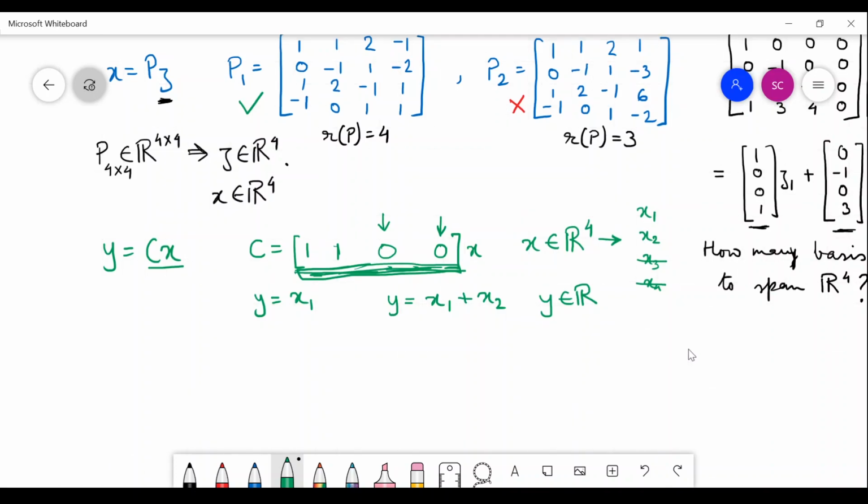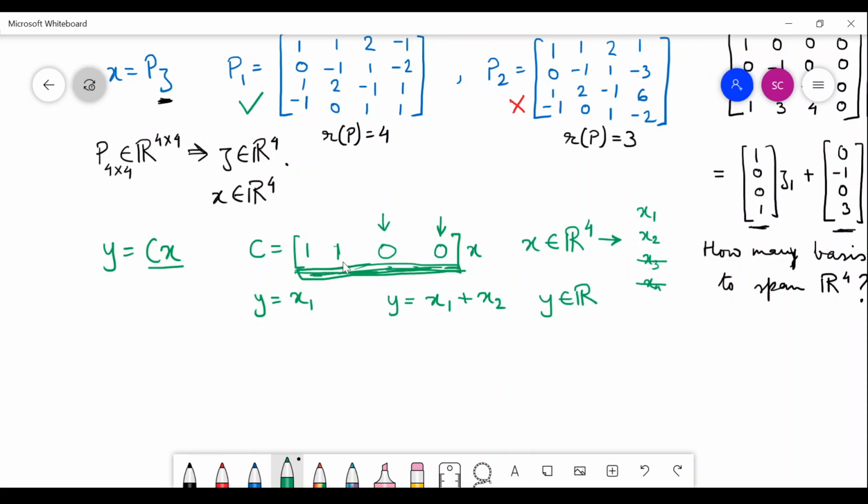Actually here the rank of C can only be 1, that you can observe, because the number of rows is 1. No matter how many columns there are, the rank will only remain 1. So it would take you from whatever dimension of space you have to a one dimensional space only.